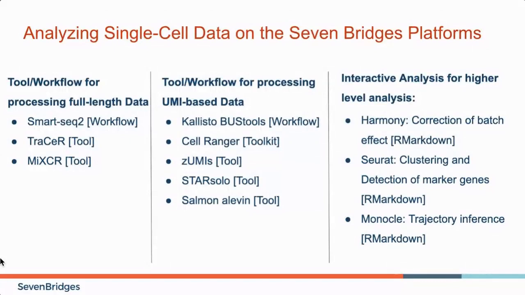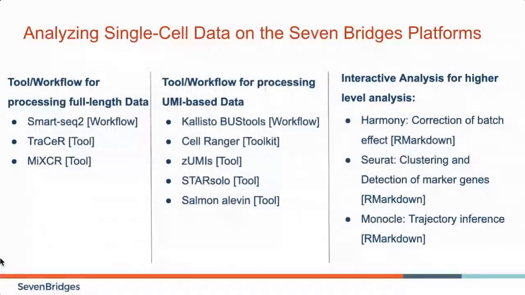In the Data Cruncher section, which we will discuss more in the second part of the talk, we have single-cell interactive analysis, and this analysis is executed within the RStudio environment of the Seven Bridges Platform. And it includes notebooks that, as input, take count data and perform additional analysis and visualizations.